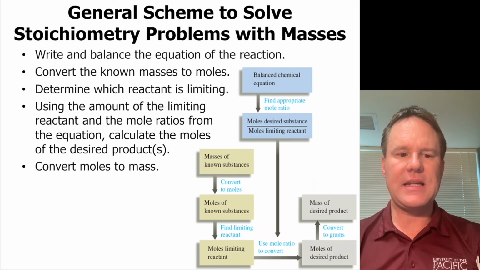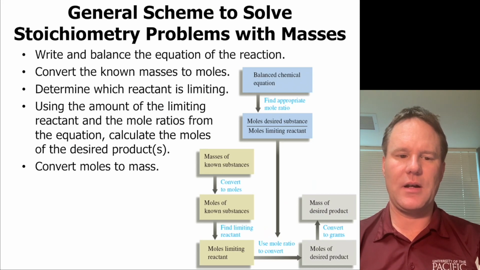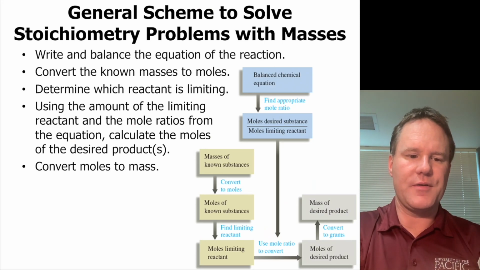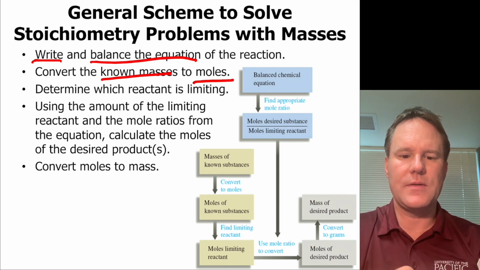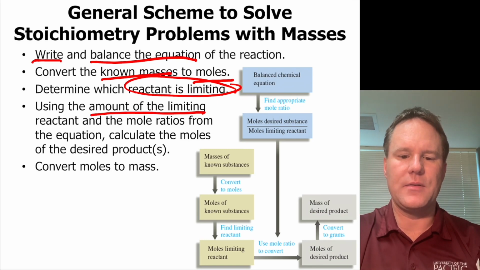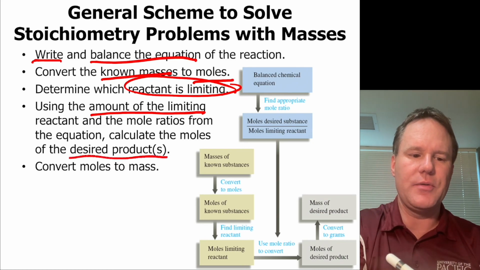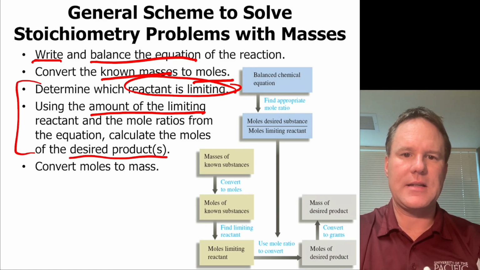And so the general scheme for solving stoichiometry problems starting with mass is that, of course, you write an equation, balance the equation, and then convert masses to moles, determine which reactant is limiting, and then use the amount of the limiting reactant to tell the moles of the products. Typically, these two should be done in the same step.